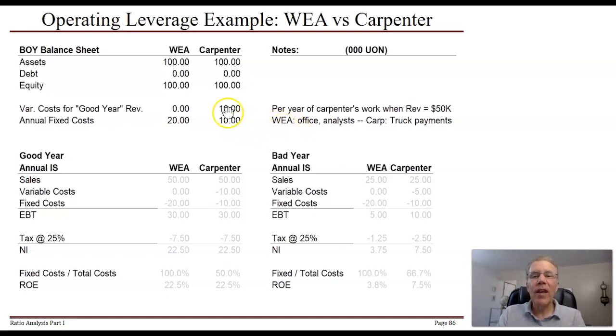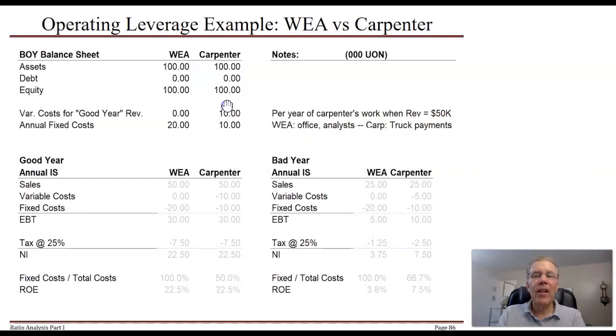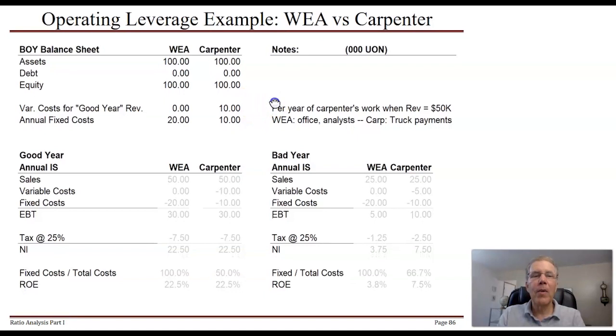Let's say that to keep everything consistent, when the revenue of the Carpenter's firm is 50,000, this is what her cost structure looks like: she's got 20,000 in cost before tax, and that's split 50-50 between fixed and variable costs.